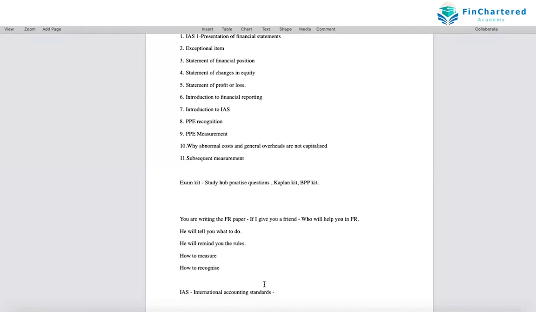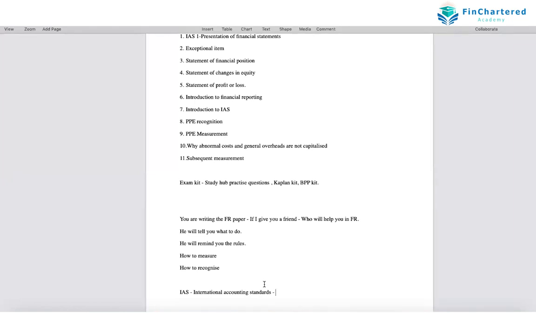Just like in your day-to-day life, for sharing your secrets, you have a friend. To ask doubts, you have a friend. To go out with, you have a friend. To share reels with on Instagram, you have a friend. Just like that, in FR also, for every aspect, you will have a certain friend.